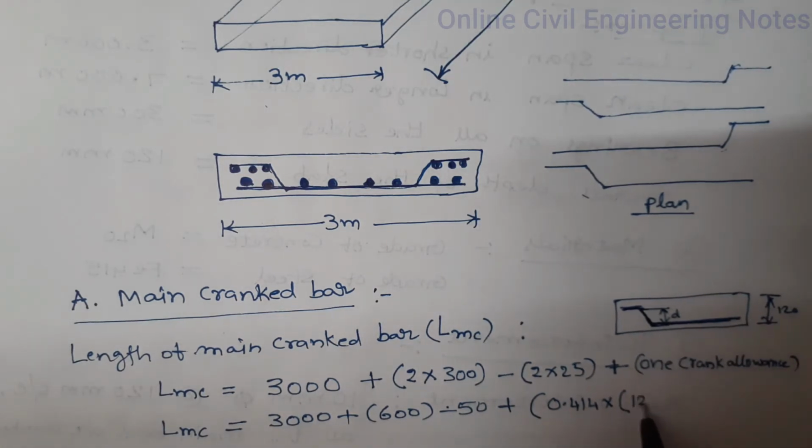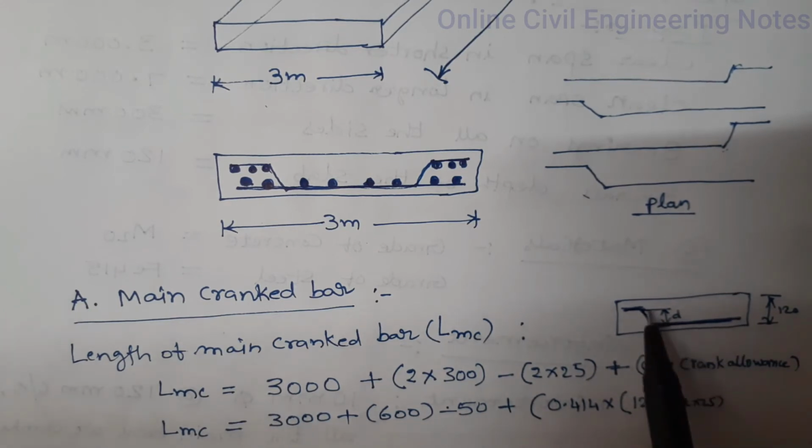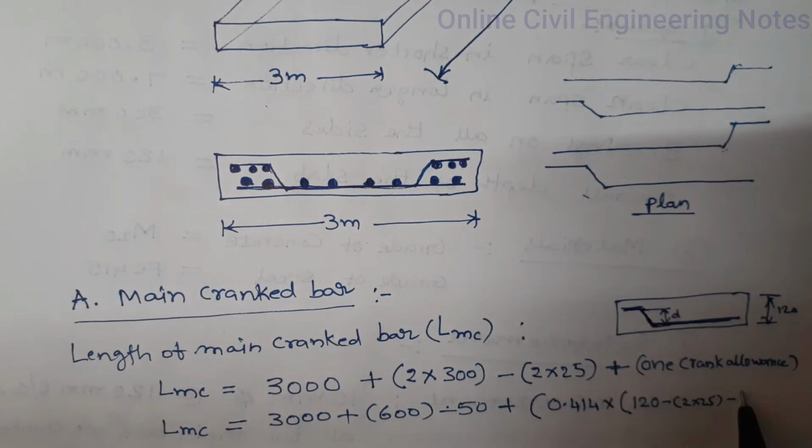Overall depth 120 minus top cover minus bottom cover, which is 2 into 25, minus dia by 2 minus diameter of crank bar by 2. 10 by 2 on top side minus 10 by 2 on bottom side.